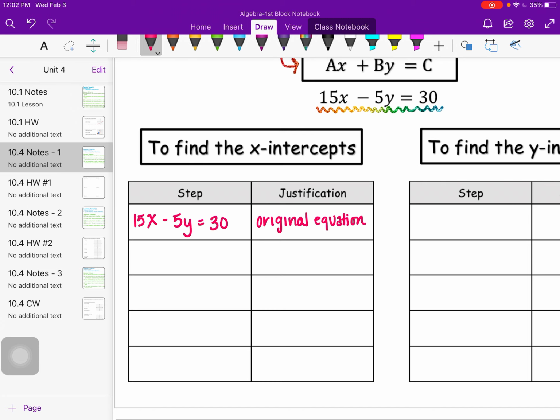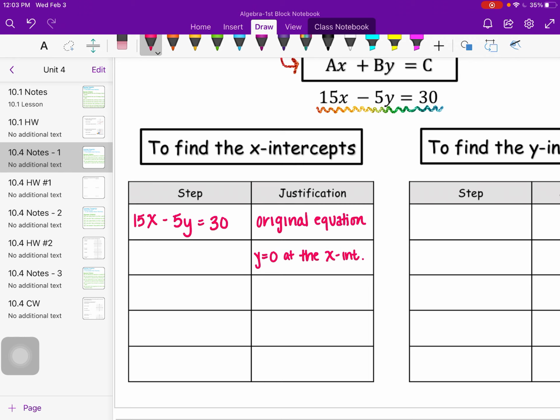If we think about a graph, a point that lies on the x-axis, starting at the origin, we go left or we go right, but we don't go up or down at all. We're staying on the x-axis. So the y value of that point is 0. When we're talking about the x-intercept, we are talking about the place where y is 0.